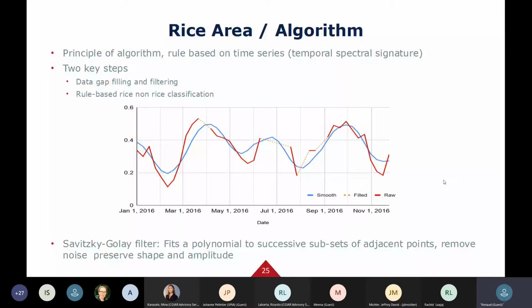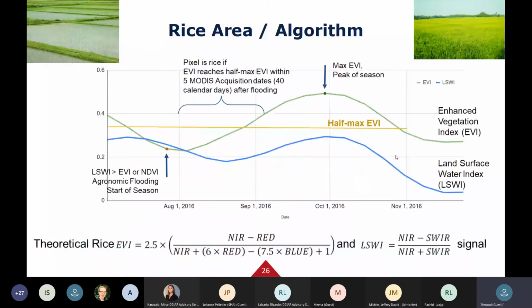Once these data were made available, we used an algorithm to extract the rice area. Here in green you have the typical EVI variation during the rice growing season. And in blue, we have the same variation for a rice field, but considering a land surface water index. I don't want to extend too much on that, but the principle of the classification involves 2 steps.